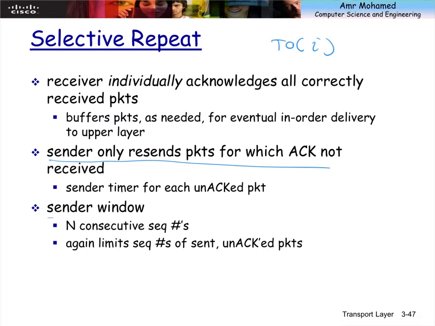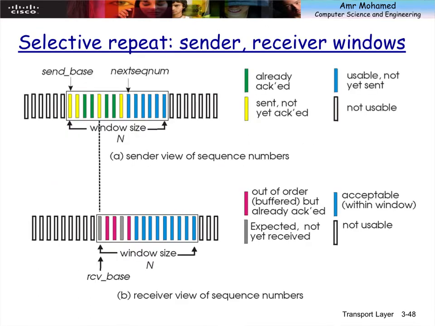So here, the sender window is still consecutive packets, and I can send all these packets without having to wait for acknowledgement. Same thing. But here, the difference is not at the sender side. The difference is at the receiver side. So here, we see a very interesting situation on the sender side.